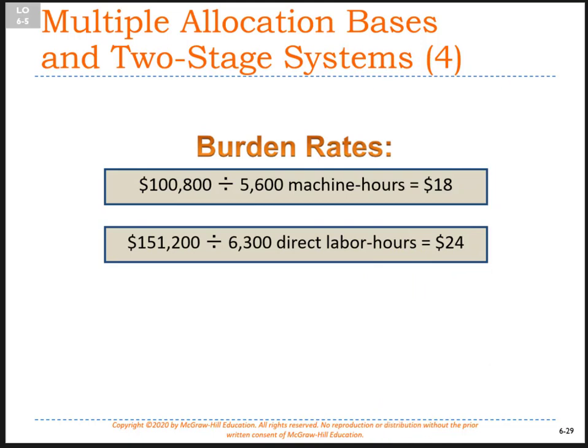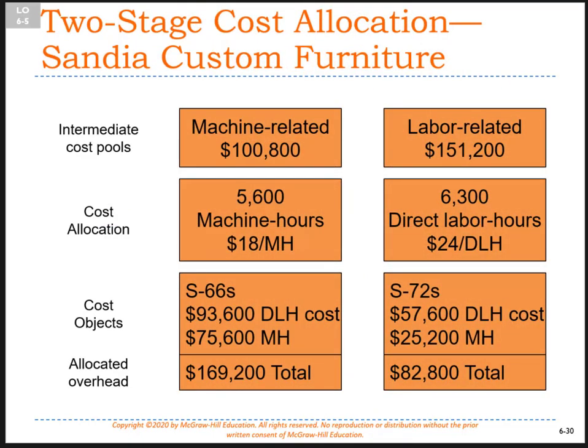So then when we have to allocate between our two products, we take this amount per machine hour and multiply it by the machine hours that the S66s use.